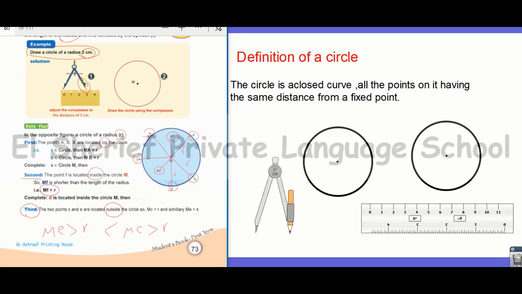Here X belongs to circle M, then MX equals what? Equals the radius, equals R.